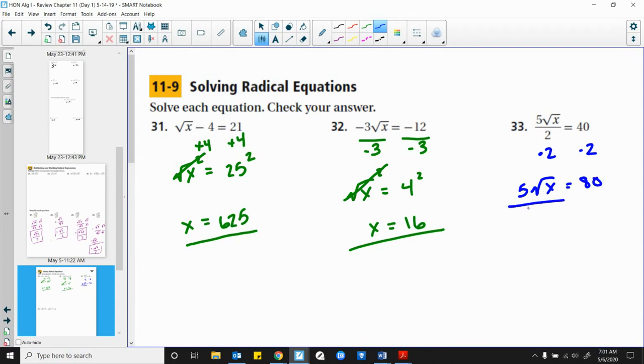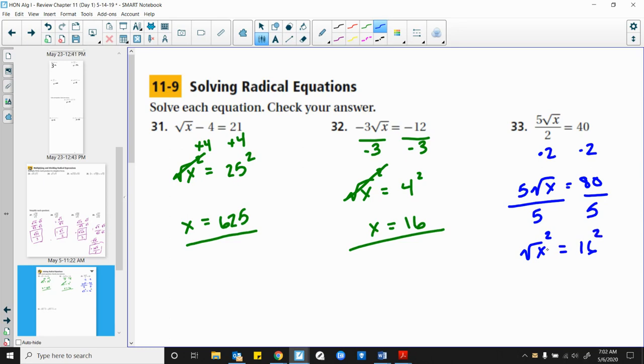Now I can go ahead and divide by 5 on this side, and divide by 5 on this side. This leaves me with radical x equals 80 divided by 5, which gives me 16.